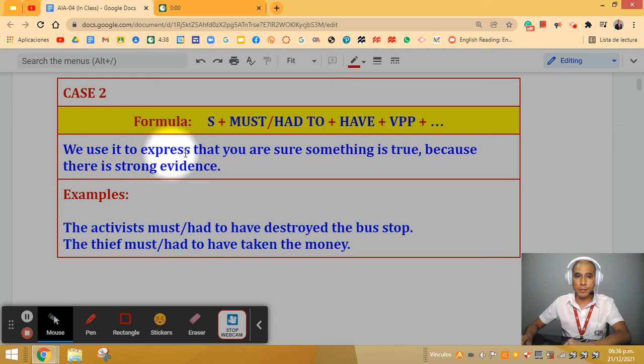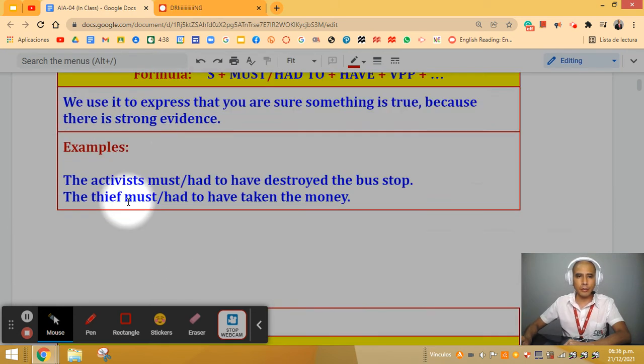We use it to express that you are sure something is true because there is strong evidence. So here we have a couple of examples. The first one says the activists must or had to have destroyed the bus stop. The second one says the thief must or had to have taken the money.